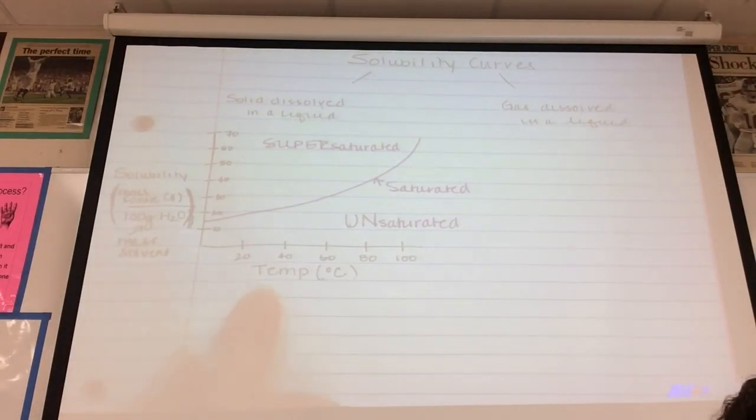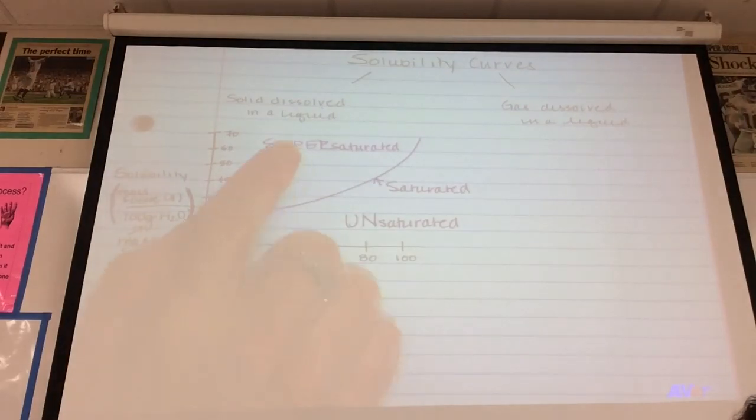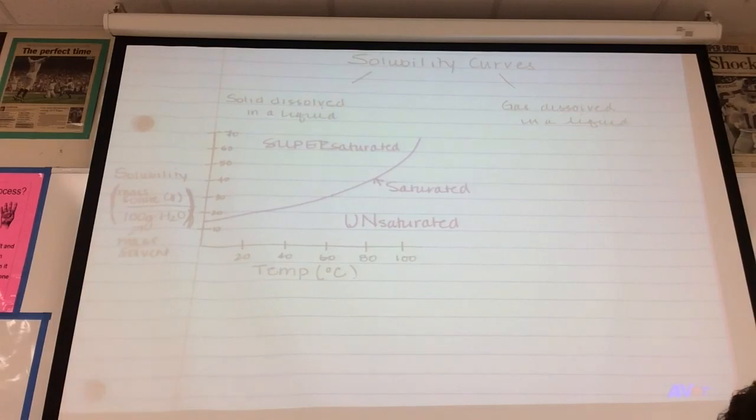So if we're looking at the effect of temperature on solubility of a solid dissolved in a liquid, as we increase the temperature, what happens to the solubility? It increases. Okay, now let's consider a few questions here.